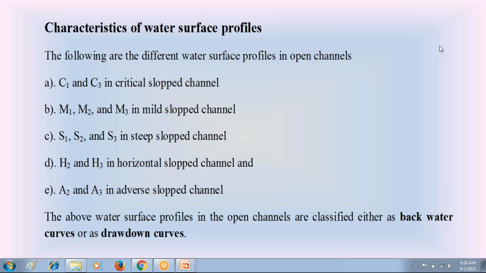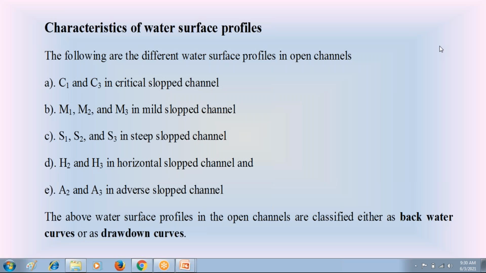So in open channels, for example, if you take the water surface profile M1 in the mild slope channel, M1 is a rising water surface profile. S1 is also a rising water surface profile in the steep slope channel, and also C1 in the critical slope channel.